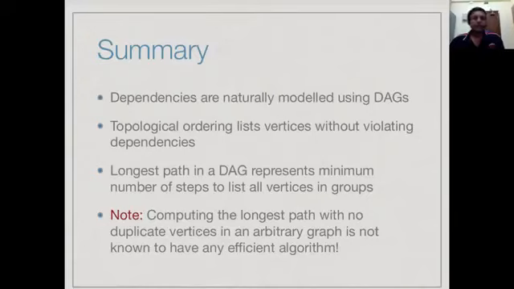In fact, it is part of a group of highly intractable problems which are all equivalent to each other and all believed to be very hard. So DAGs are a very significant subclass of graphs which have many practical applications and which admit efficient solutions for very important problems which are not in general solvable easily on the full class of graphs.